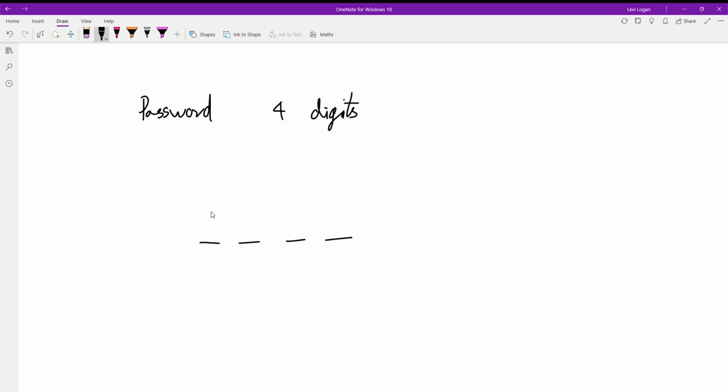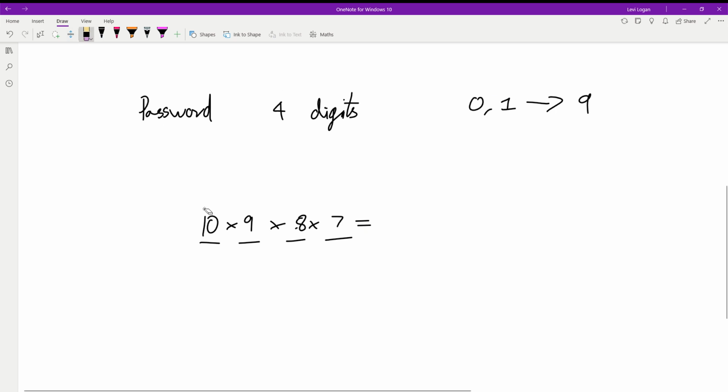Well, if you include 0, then 0 all the way up to 9 are all our digits. We can't have 10 because 10 is like 1 and 0. So you can have 10 here, 9 here, 8 here and 7 here. If you multiply those together, they'll give you the number of ways you can make a password with these digits.